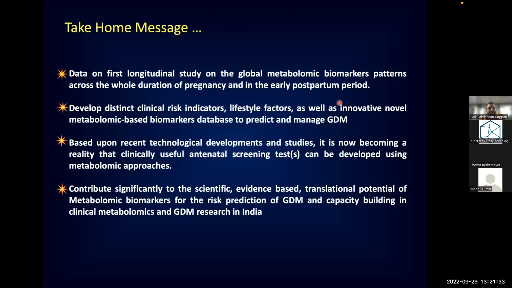And it will help us to develop distinct clinical indicators, lifestyle factors, as well as an innovative metabolomic-based biomarker database to predict and manage GDM. And it definitely contributes to the scientific and evidence-based translation potential of metabolic biomarkers for the prediction of GDM and capacity building in clinical metabolomics and GDM research in India.